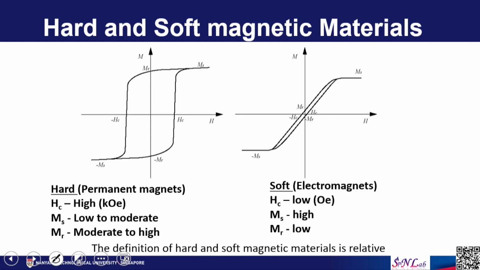demagnetize the material. For example, if you take a paper clip, as a child you would have tried to magnetize the paper clip. After you magnetize it for a certain time, it would attract some other magnetic material, but after some time you will notice that the paper clip has lost its magnetic poles, it does not attract magnets anymore.